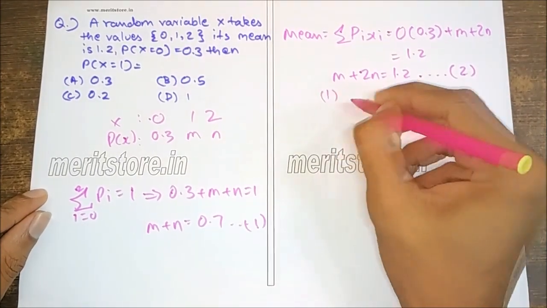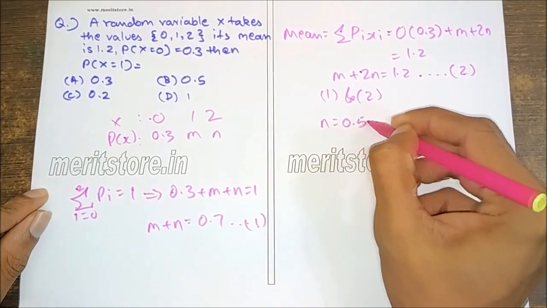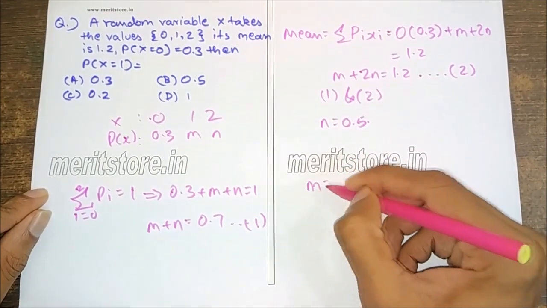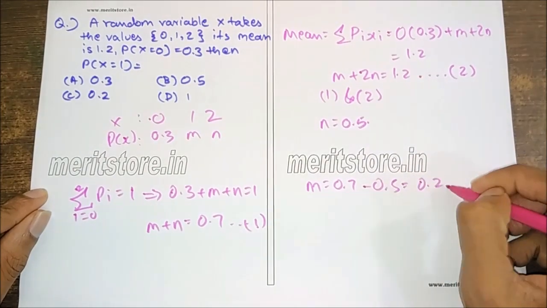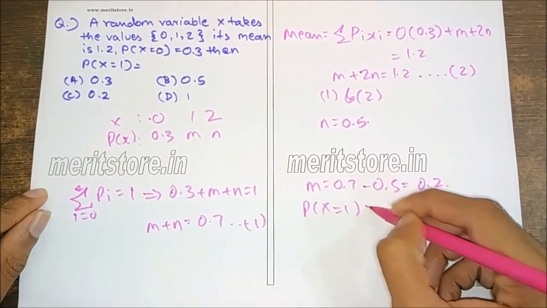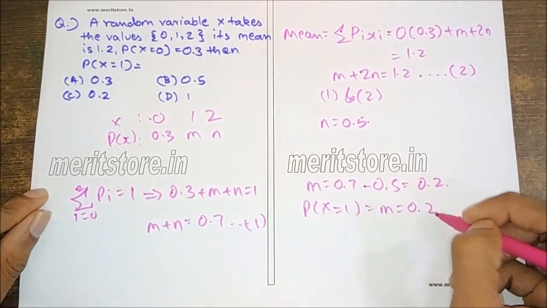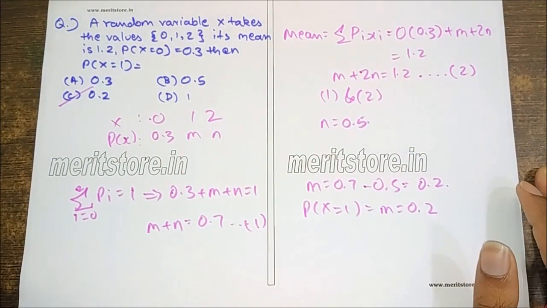By solving 1 and 2, n is equal to 0.5, we get m is equal to 0.7 minus 0.5, which is equal to 0.2. Therefore p of x is equal to 1 is m, which is equal to 0.2, and we see our option C matches with our answer. Therefore option C is the correct answer.